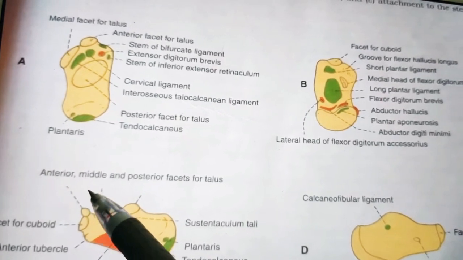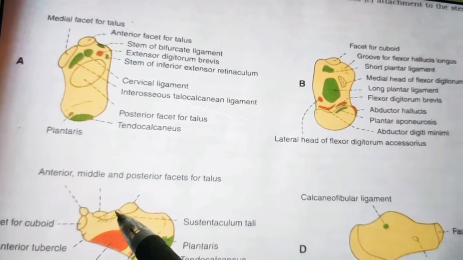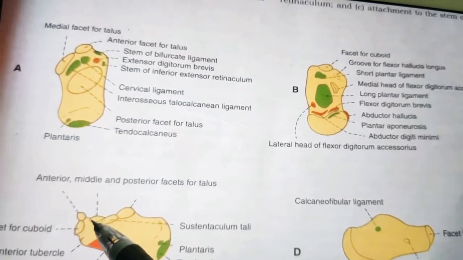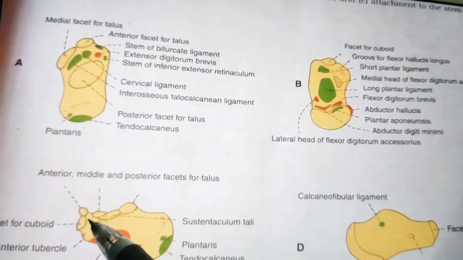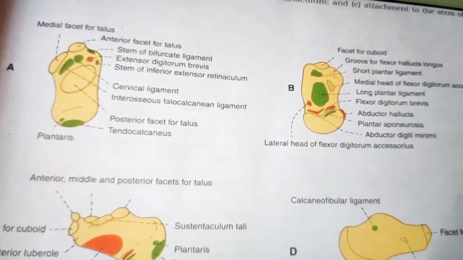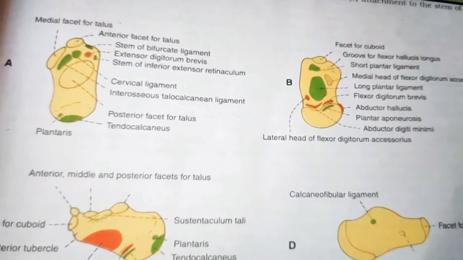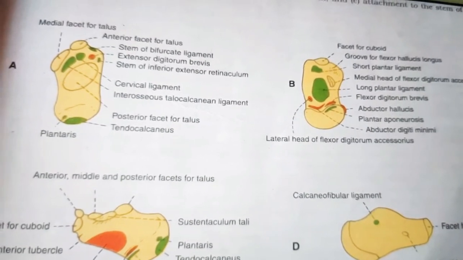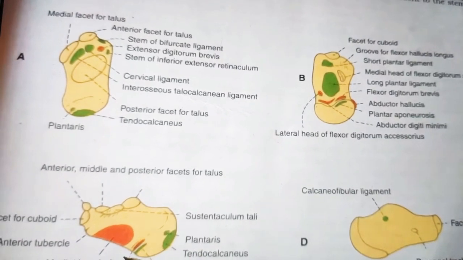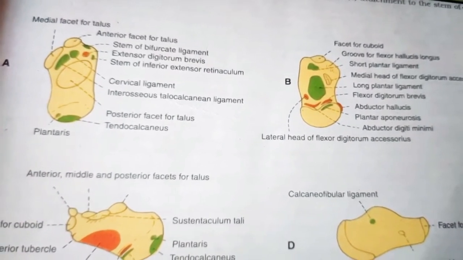Actually here forms the talocalcaneonavicular joint, meaning the talus bone is attached to the calcaneus and also to the navicular bone, right? So these three bones are joined at this site, and its lower surface is grooved, and the medial margin is in the form of a rough strip which is convex from before forward. So you can see some rough strip-like area over here, right? So this is all about the medial surface.